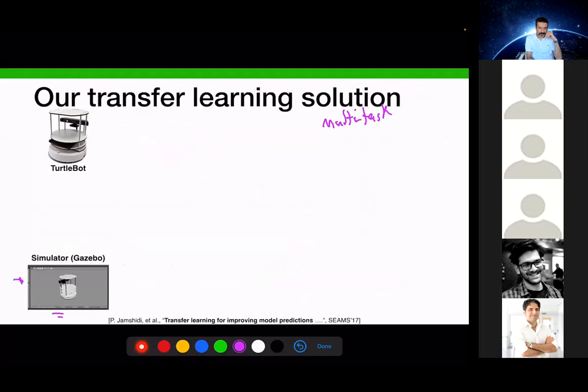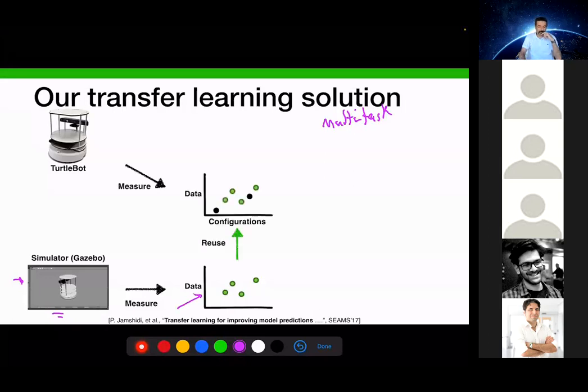Again, I mentioned that we can get a lot of data from a simulator at considerably less cost, but we can also instrument the real system and get some data there. And in the multitask setting, we were interested in whether we can use both to learn something useful for the system, reason about performance and optimize performance.